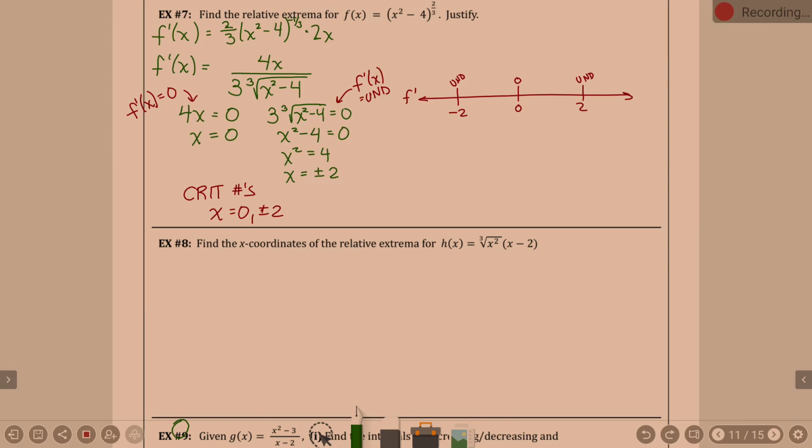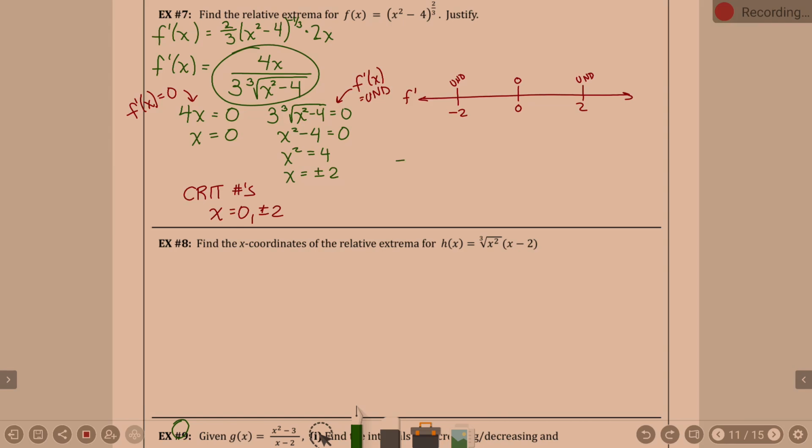This is where it gets a little sticky plugging into these pieces, but pick a number to the left of -2, say -3. I'm using this right here, so think about it. 4 times -3 is going to be a negative.